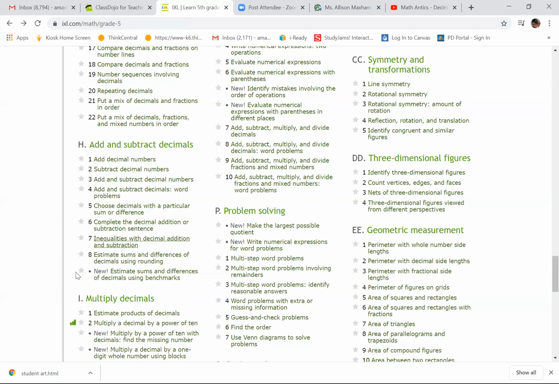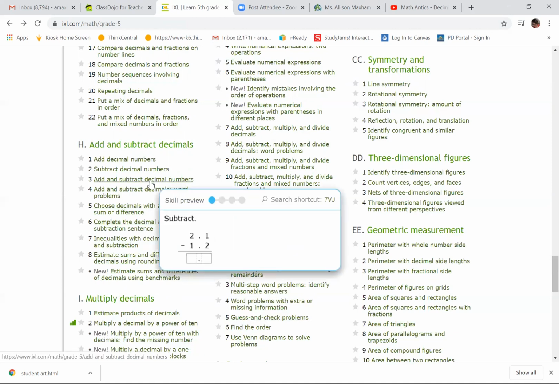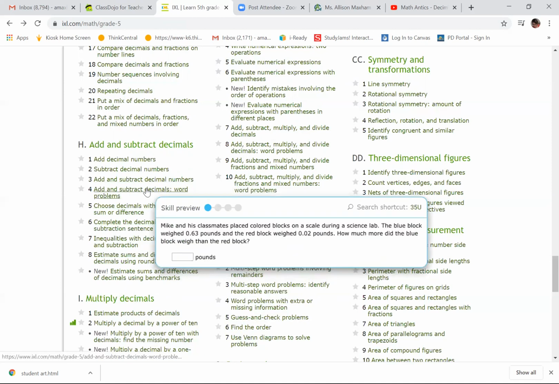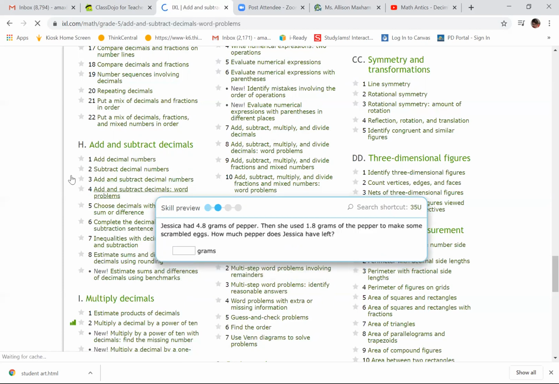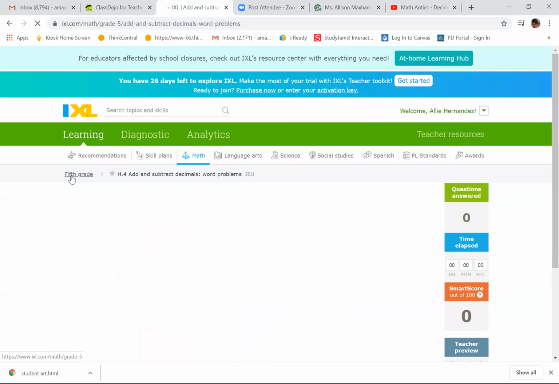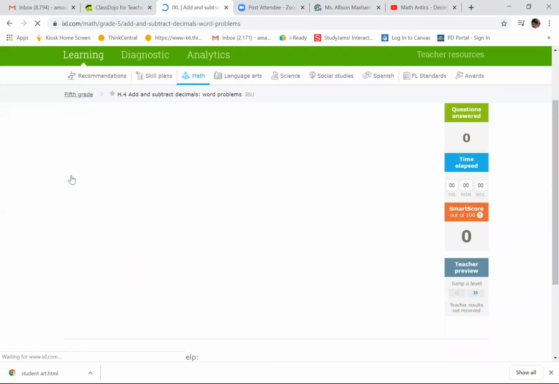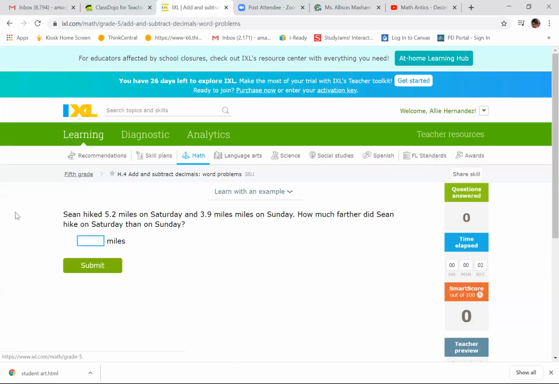We've got inequalities, estimate the sums and differences. Let me see what this one is. Simple stuff, putting together. Oh. Add and subtract decimals. Let's see what we've got here. Get that paper and pencil ready. And I'm going to skip this one. Got it.